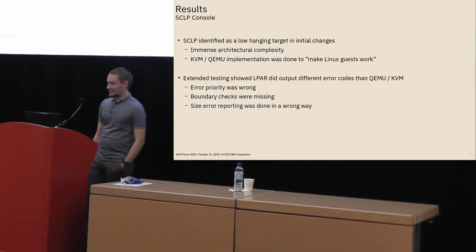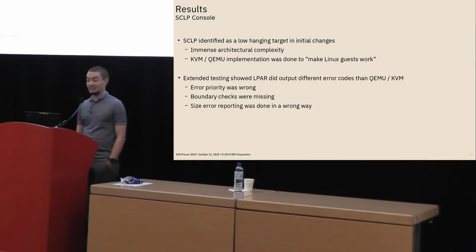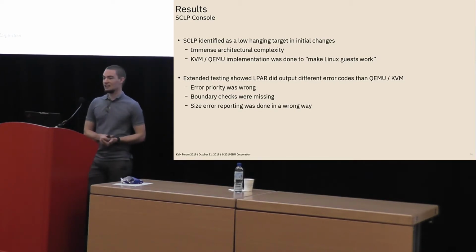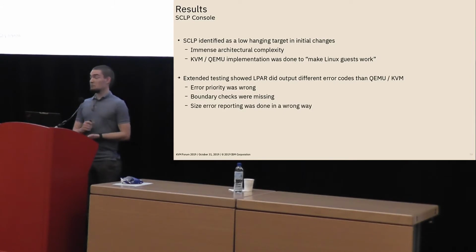It's immensely complex, and the initial implementation, I think, was just made to make Linux work as a guest. So I wrote a simple test case for the console. I started it under the LPAR hypervisor, and then I started it under KVM, and some differences showed up.